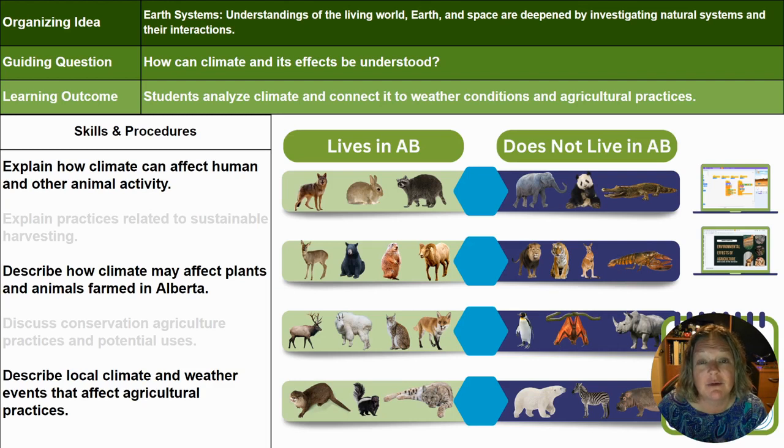So maybe we're going to represent a particular climate zone and show the plants and animals that live there. And we can do that through a program like Scratch. So we're going to be covering all of these things and showing what we know about Earth systems and also showing what we know about computer science.